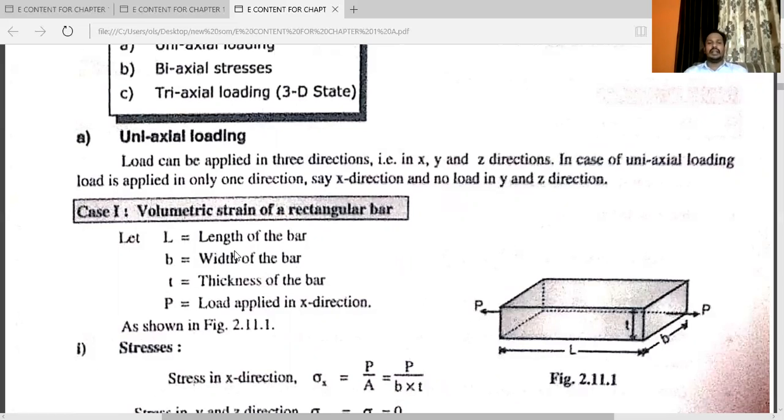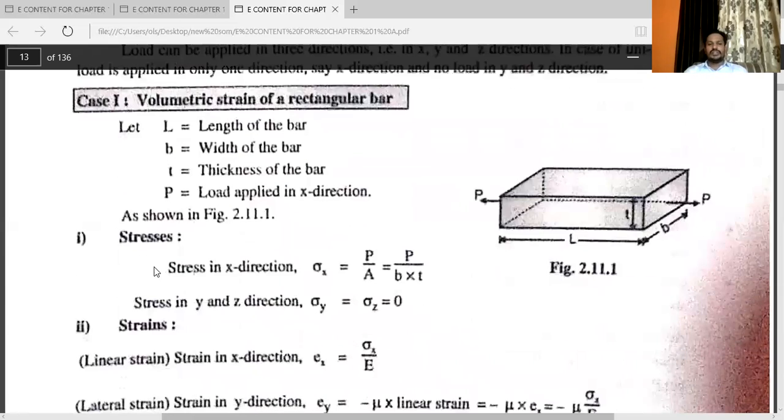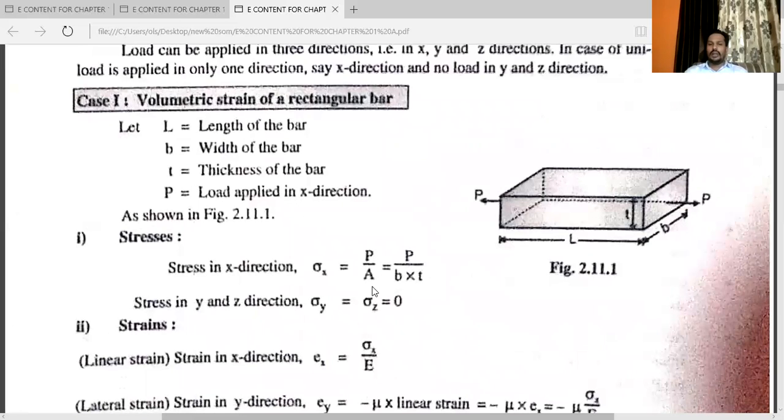Here L is the length of the bar, B is the width of bar, T is the thickness of bar, P is the load applied in X direction. So here stresses in X direction, that is sigma X is equal to P upon area, that is cross sectional area.